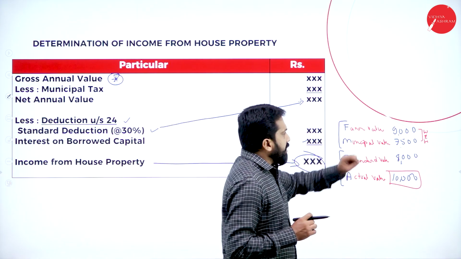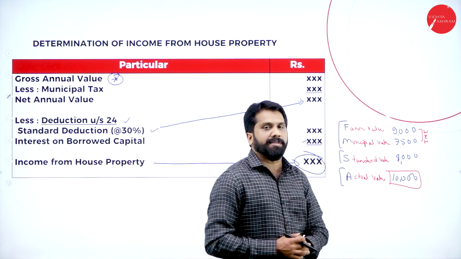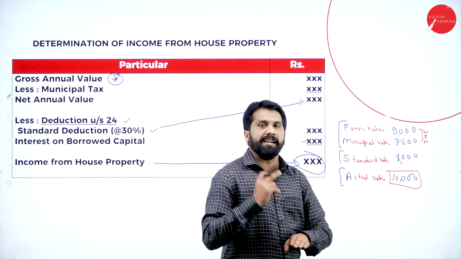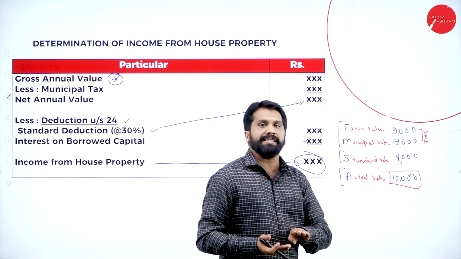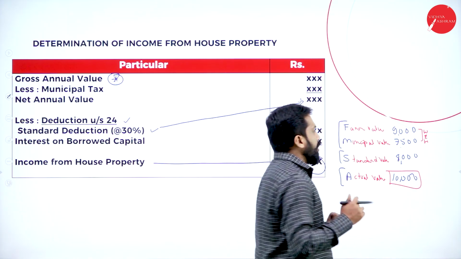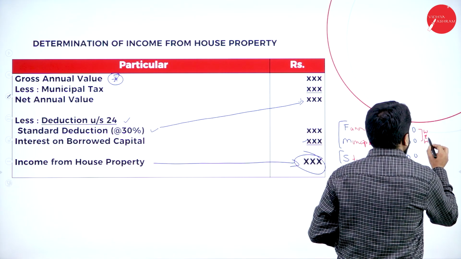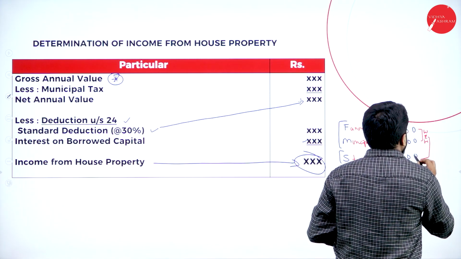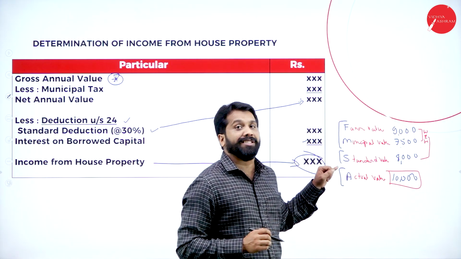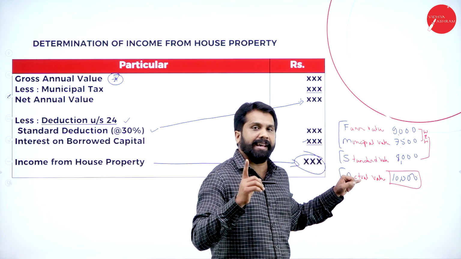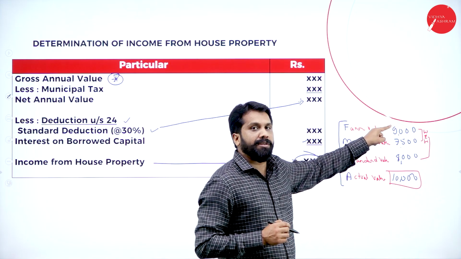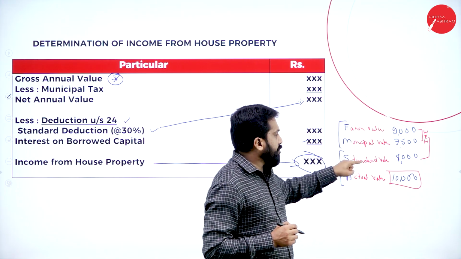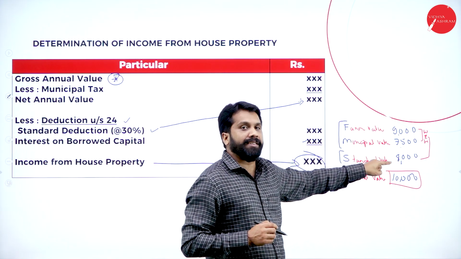As per this, 9,000 or 7,500, whichever is high. Very good. Out of these two, 9,000 is high. Now, whatever answer you get from this, you have to compare with the standard rent. Again, I'll repeat. Out of this, which one did you get? 9,000. You compare 9,000 with the standard rent.